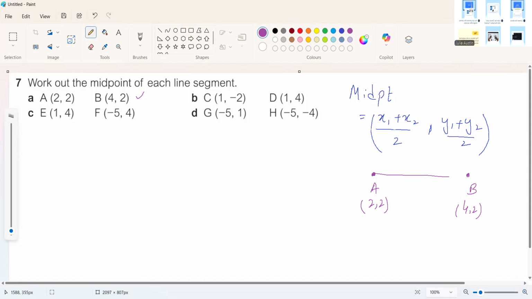Now we know already that if we are writing a coordinate like 2, 2, the first coordinate is always an x coordinate. The second coordinate is always a y coordinate. Again, for any coordinate, the first one is an x coordinate and the second one is a y coordinate. Now, since there are two x and two y, just to differentiate them, we give them different names.